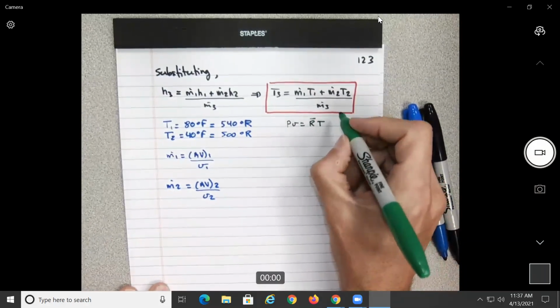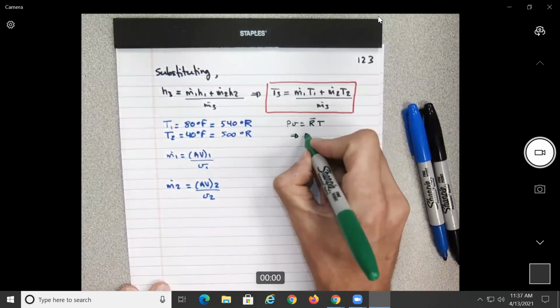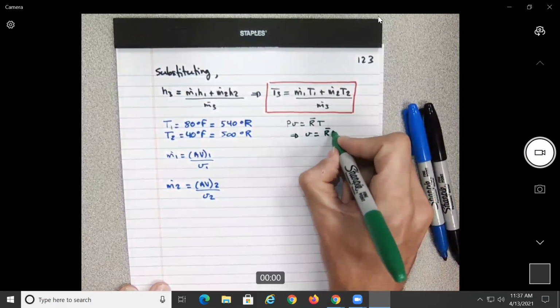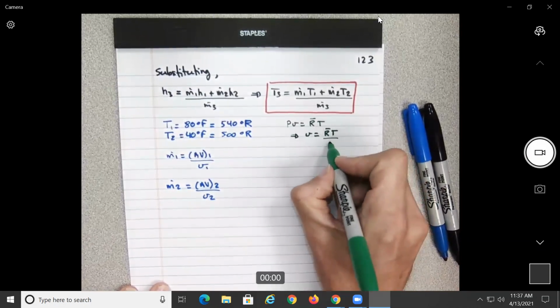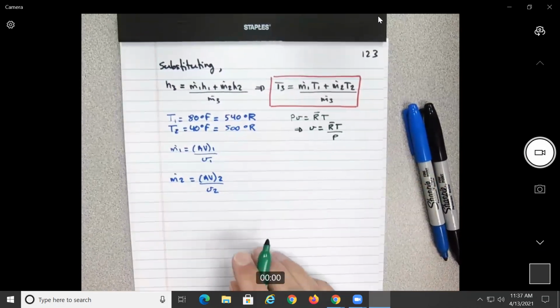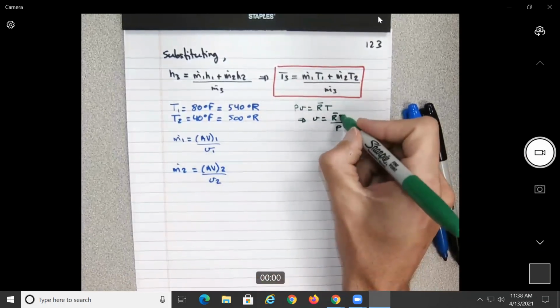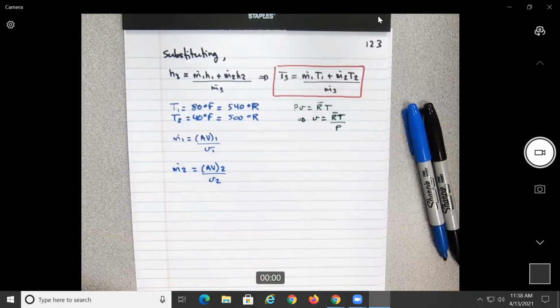So this will give us that V is equal to R bar T divided by P. Interesting.